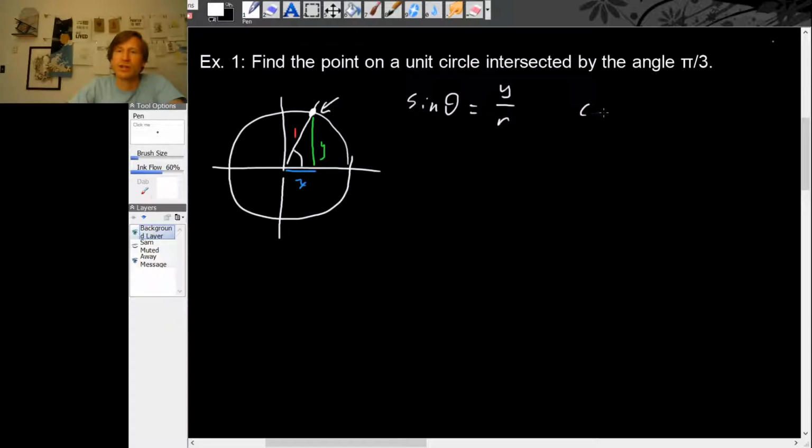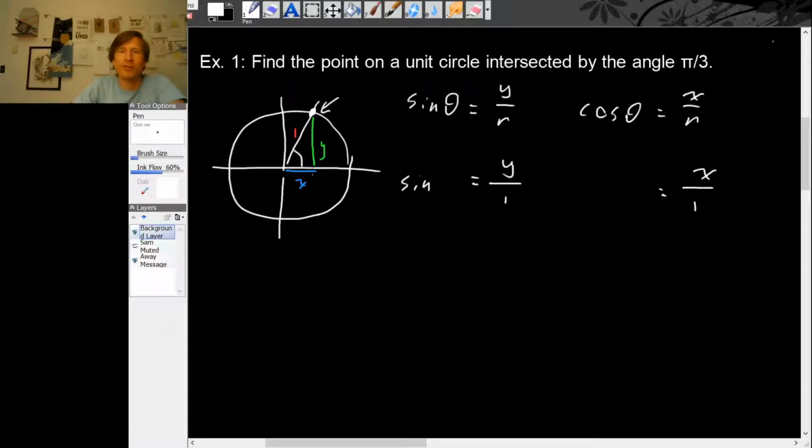And the definition of cosine of theta in a circle is x over r. So in this particular circle, the radius is 1. So for both of these, we can just put a 1 in the denominator.